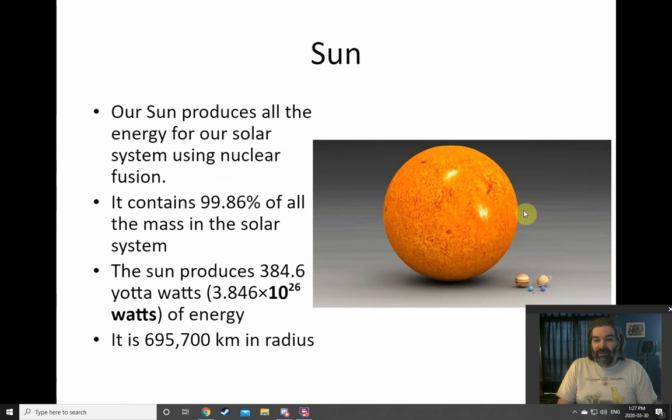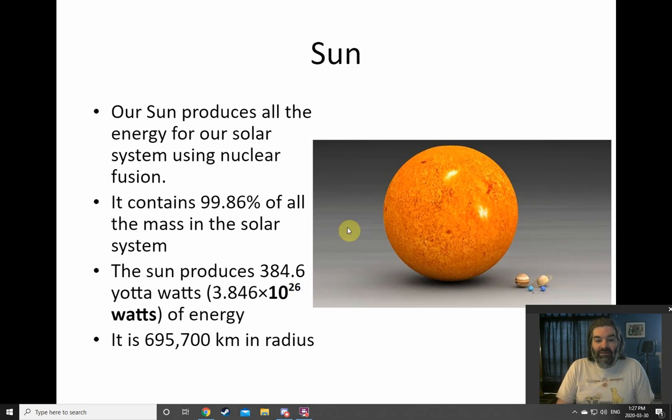All the planets are literally 0.14% of the mass. It produces 384.6 yottawatts. Yes, yotta is a number, not Yoda. So that's 10 to the 26 watts of energy. That means it's producing something with 26 zeros, joules of energy per second, constantly.